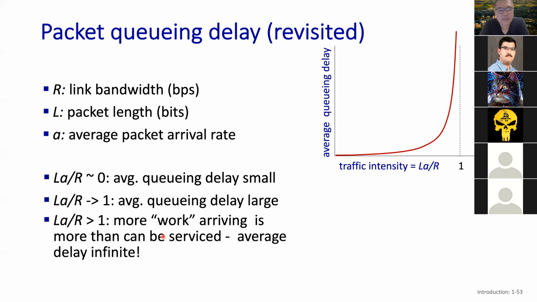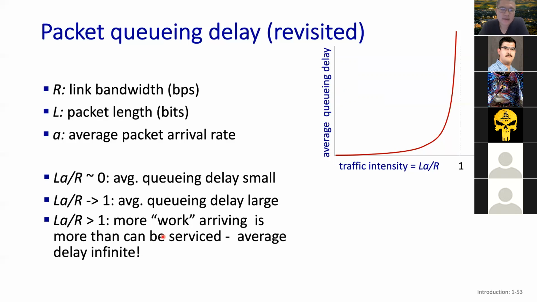But if L times A divided by R is close to 1, that means the queue is almost in a full status, but at least in a balanced status, right? So it's not a decrease or an increase. It's in a balanced status. But because the queue originally has some packets, the queue time would also be high, right?